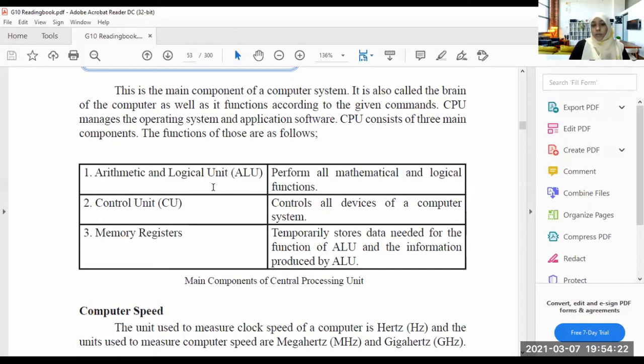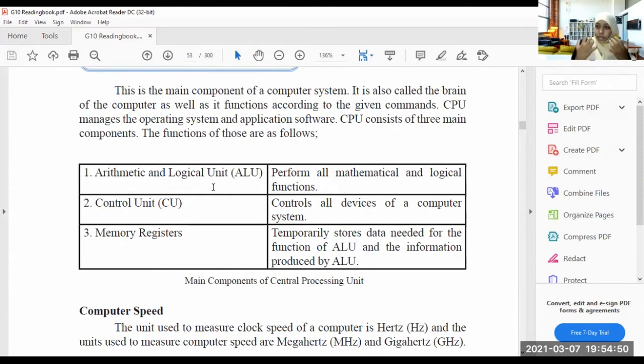And the MR, or memory register, temporarily stores data needed for the function of the ALU and the information produced by the ALU. Whatever goes to the main memory, and we will learn about the main memory also, it sends to the CPU, right?